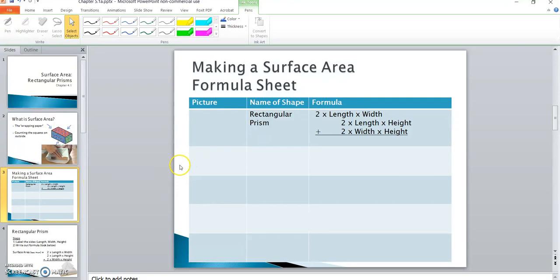So what we're going to start off by doing is actually making a surface area formula sheet. What I would like you to do right now is get a piece of paper, and I want you to have 3 columns at the top. So 3 sections. The first one is picture, then name of shape, and then formula. And for the picture, for a rectangular prism, we're going to have a rectangle, and then we're actually going to make it 3-dimensional.